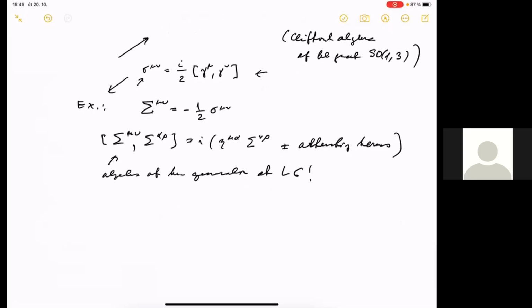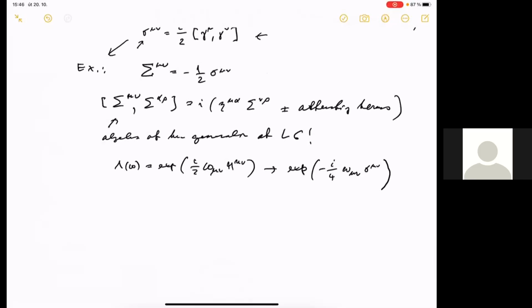So we can represent the general element lambda of omega of the Lorentz group just with these sigmas. We can represent it as the exponential of minus i over 4, omega mu nu times the small sigma mu nu.